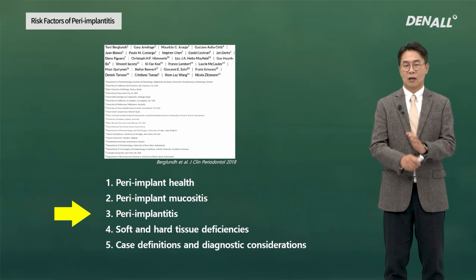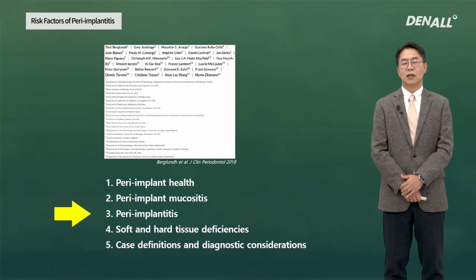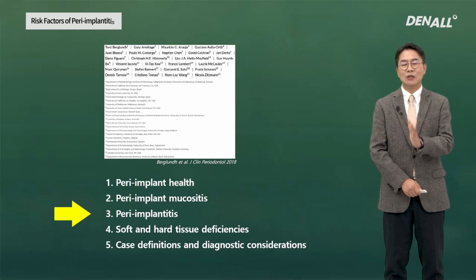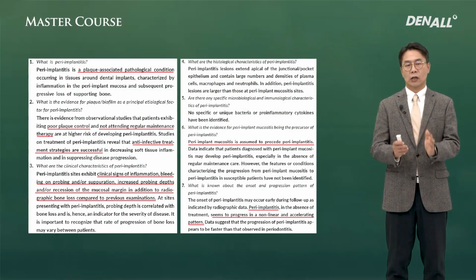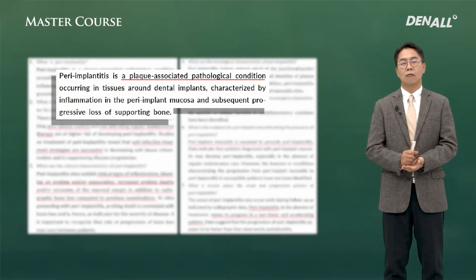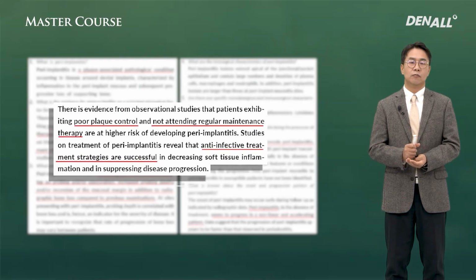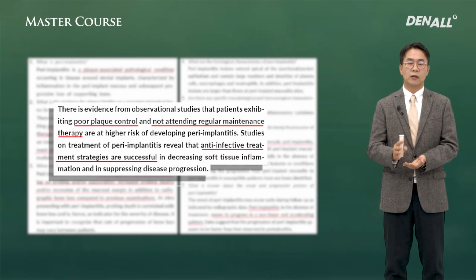If opportunity comes, please look up the journal. But for those who do not have time, let me summarize what they say. As you can see here, what is important is it is associated with plaque. It is associated with the poor plaque control in patients who do not attend regular maintenance therapy.